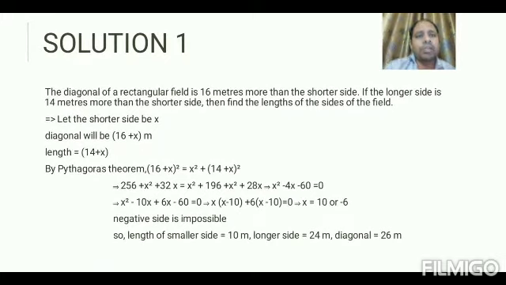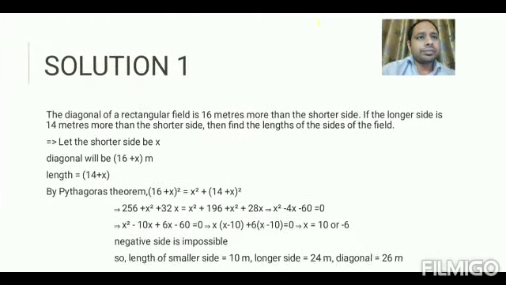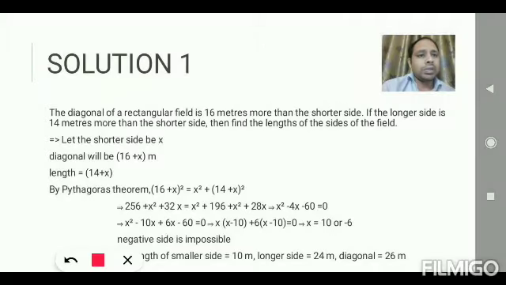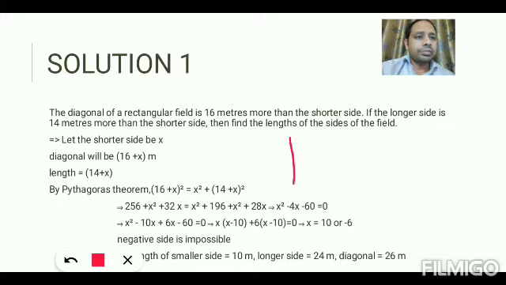Let the shorter side be x, or you can say that the breadth will be x, the diagonal will be 16 plus x, and the length will be 14 plus x as per the question. Let us understand this by drawing a figure. Consider this rectangle.